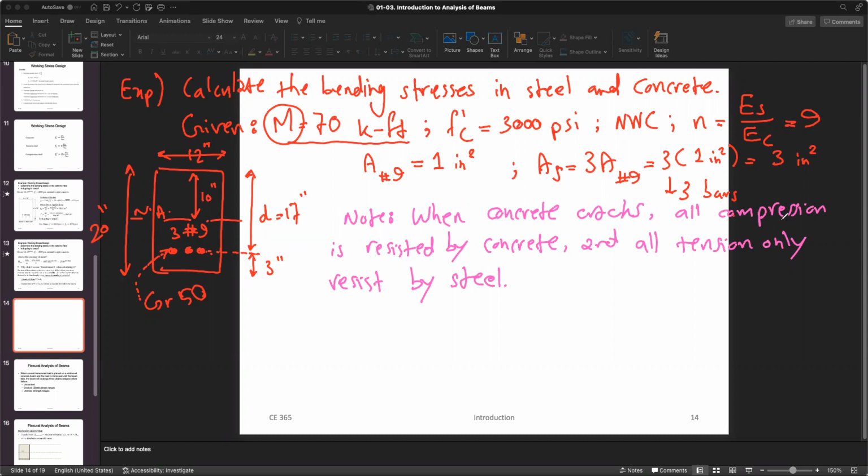So when concrete cracks, all compression, I can add here only as well. So compression only by concrete, tension only by steel.